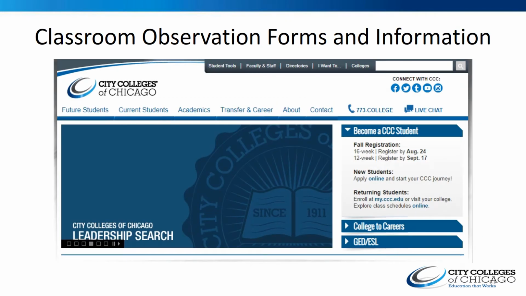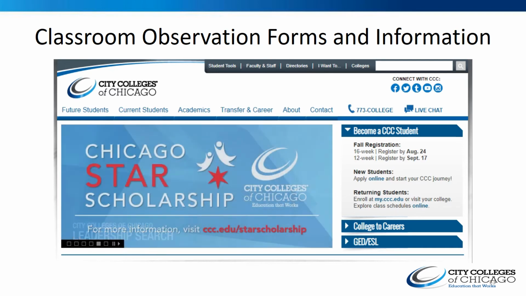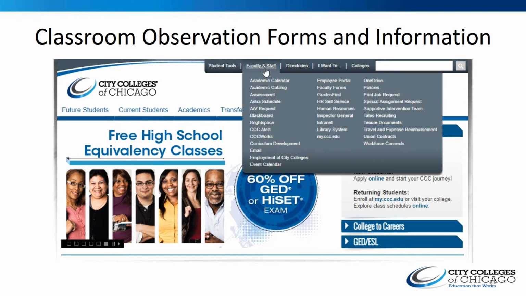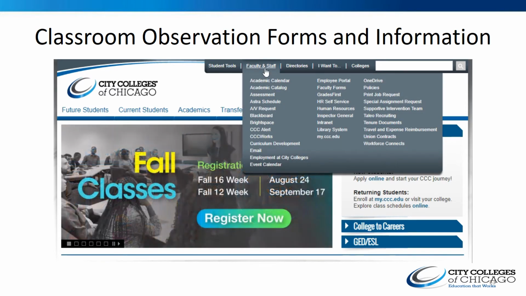To access all CCLOC training materials and classroom observation forms, please visit our City Colleges of Chicago homepage at www.ccc.edu. Once you have arrived on our homepage, please click on the tab for Faculty and Staff. Once you have arrived at the Faculty and Staff tab, simply locate Faculty Forms.